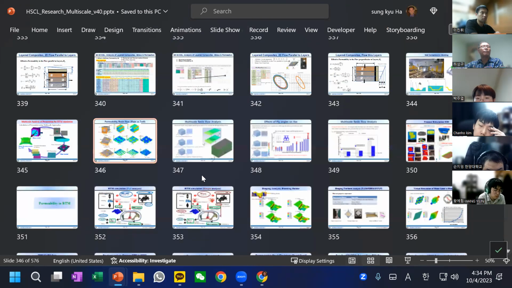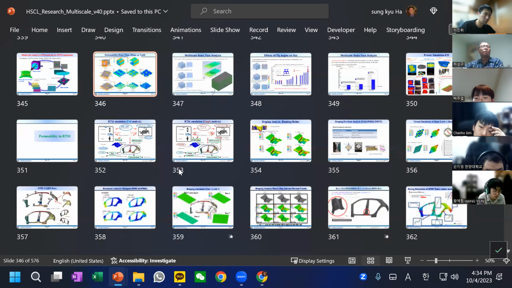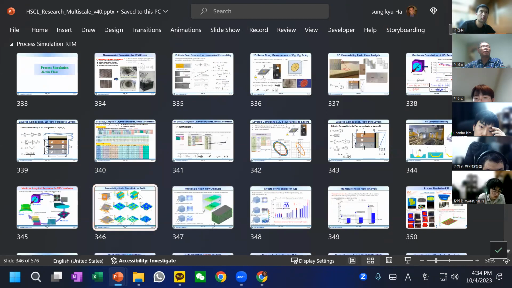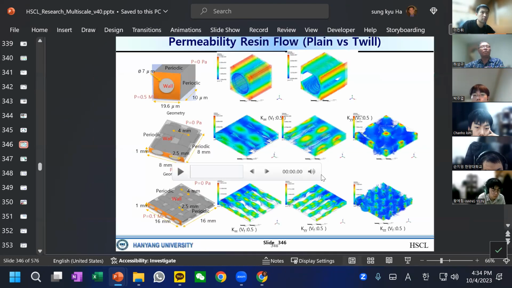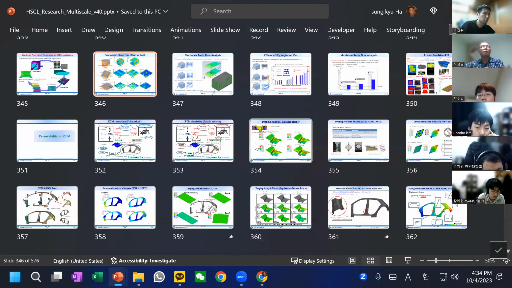The reason I'm showing you this is that we demonstrated the clamping or draping and compression, but that is the resin impregnation, right? This is the resin flow. So you can imagine how the resin can flow.